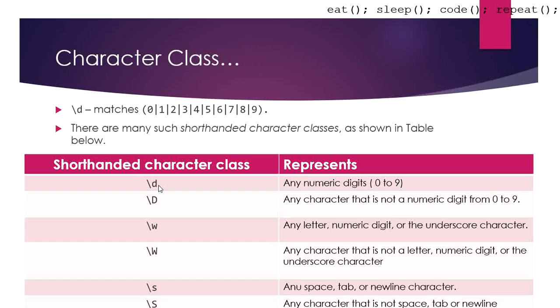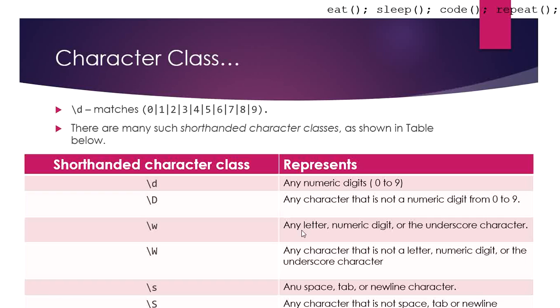So we're going to use \D when we sometimes need everything but numbers. Let's say we have lowercase alphabets and capital case alphabets. Similarly we have lowercase \w, which matches any letter, any numeric digit or an underscore.